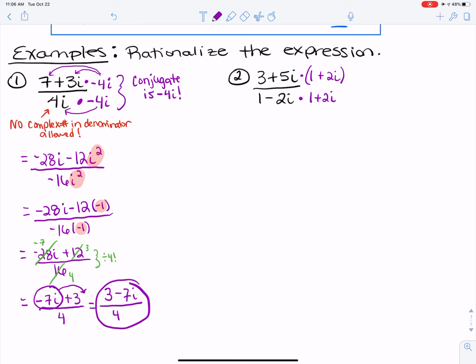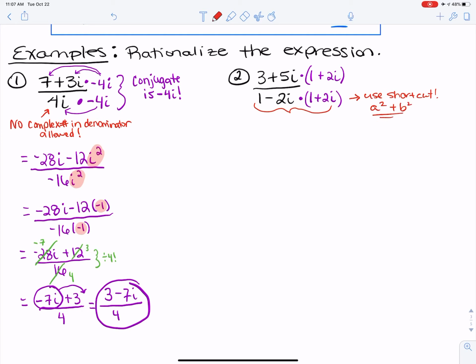So I'm going to put this stuff right here in parentheses. And when I say FOIL, we're actually going to use the box. But for the bottom part, we are going to use the shortcut. And so what did the shortcut say? A squared plus B squared.